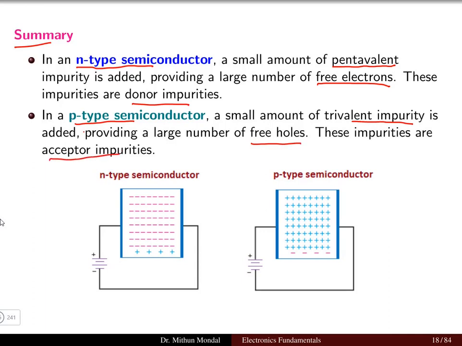So here we see the N-type and P-type semiconductor. N-type semiconductor will have more electrons as compared to holes, and in P-type semiconductor more holes will be there as compared to electrons, whereas the electrons and holes are equal in intrinsic semiconductor.